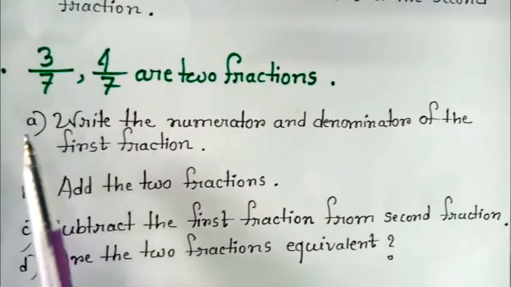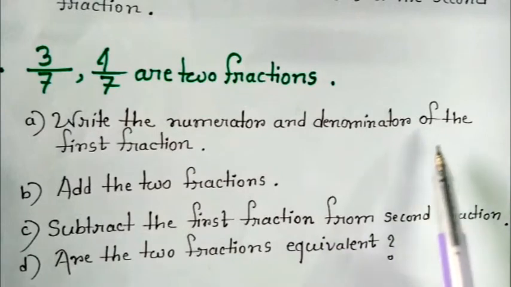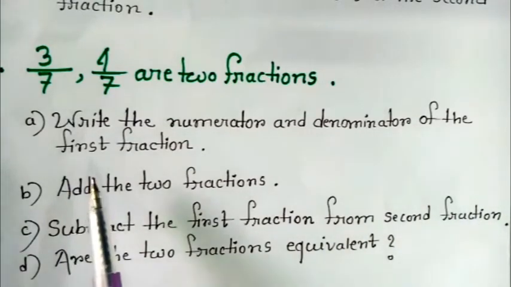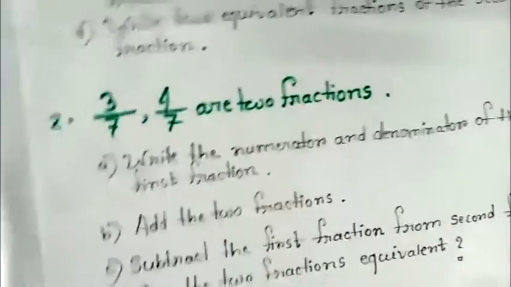A. Write the numerator and the denominator of the first fraction. Number A. So here the first fraction is 3/7.